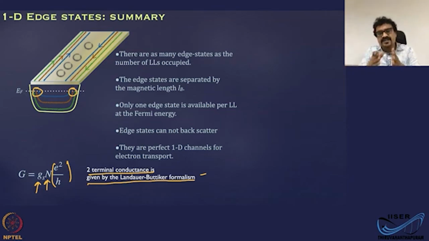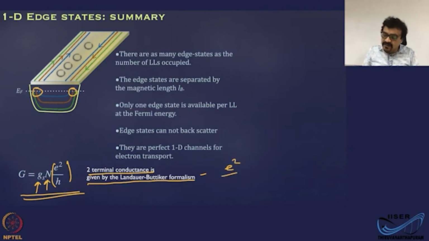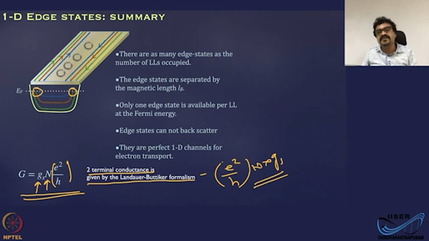So these edge states are perfect 1D channels for electron transport, and the conductance is given by this formula, where every channel contributes e squared by h. That is the quantum or quantized conductance. And then the total conductance you have to multiply by the number of channels available and any other degeneracies present in the system.